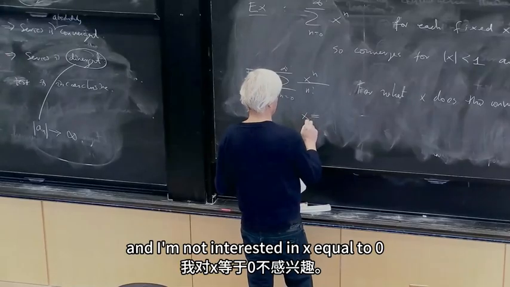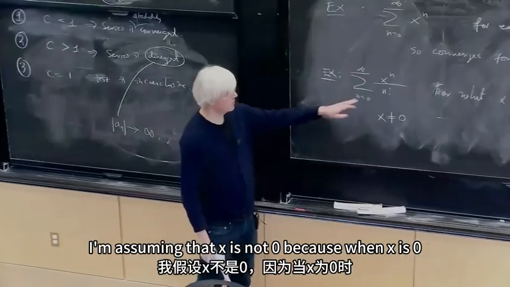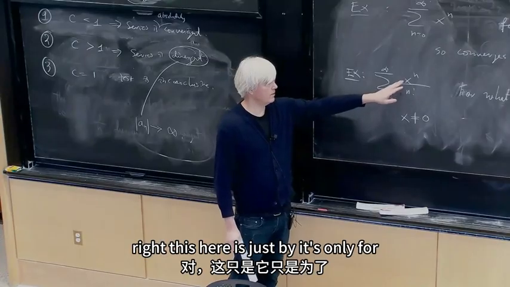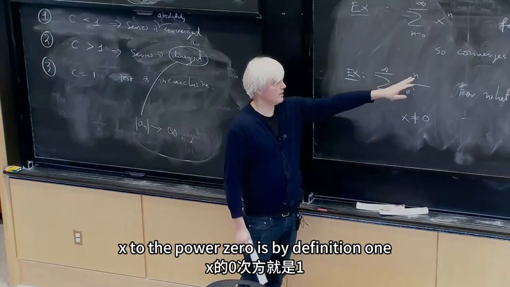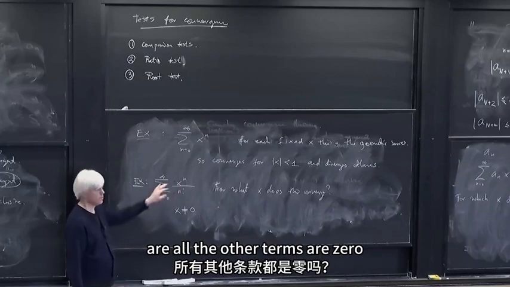And I'm not interested in x equal to 0. I'm assuming that x is not equal to 0, because when x is 0, x to the power 0 is by definition 1, and all the other terms are 0.